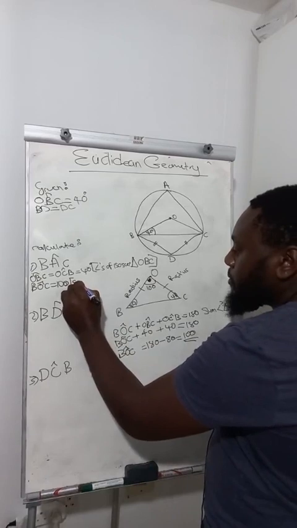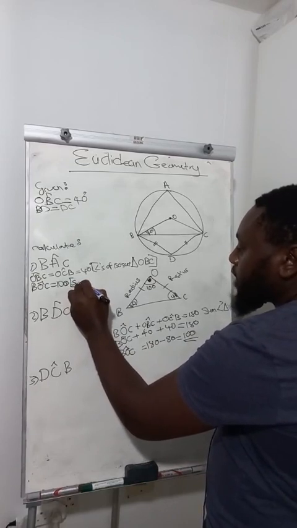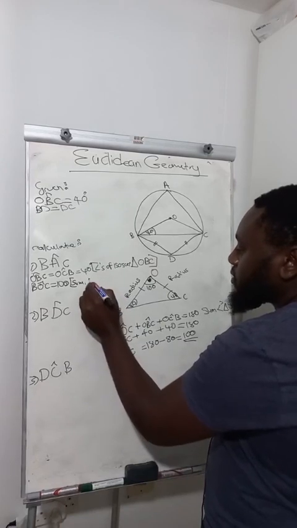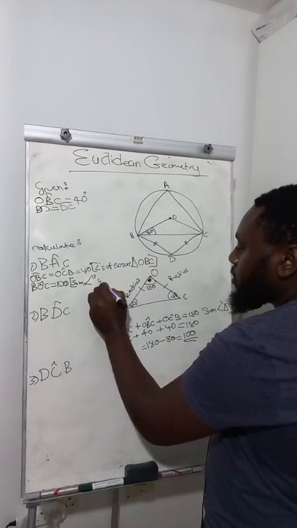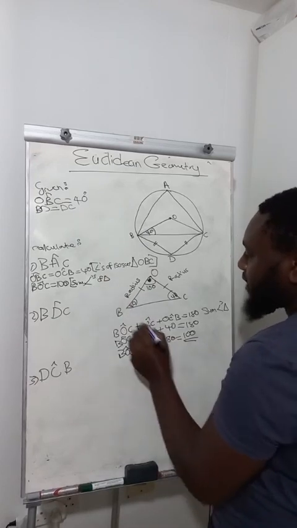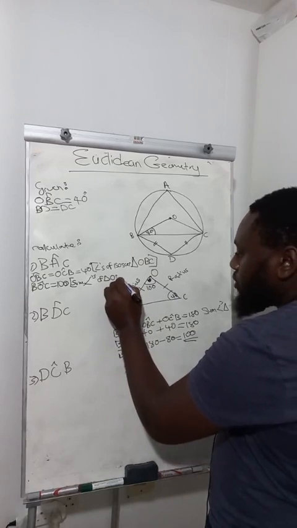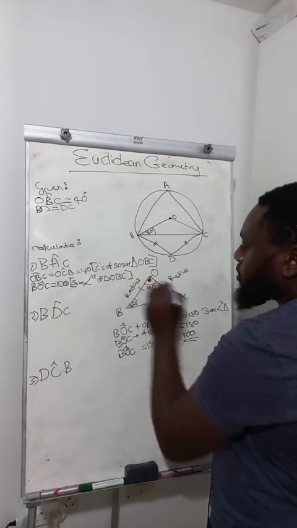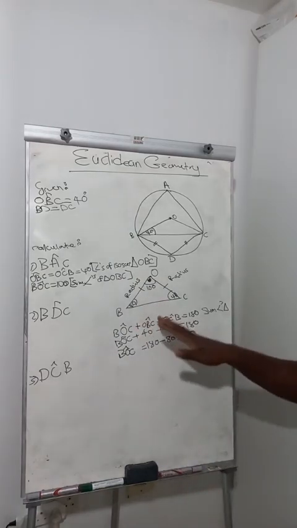Sum of angles. This is not the sign for angles. Sum of angles of a triangle. Which triangle? It's OBC. Then you're done with the first part.